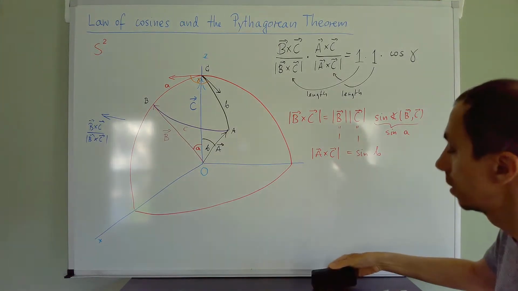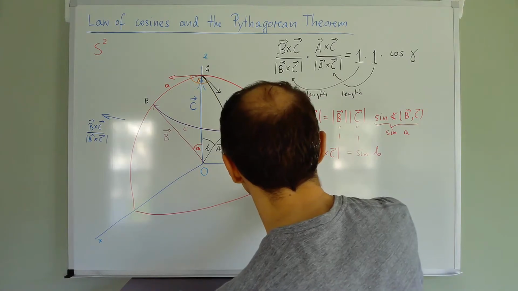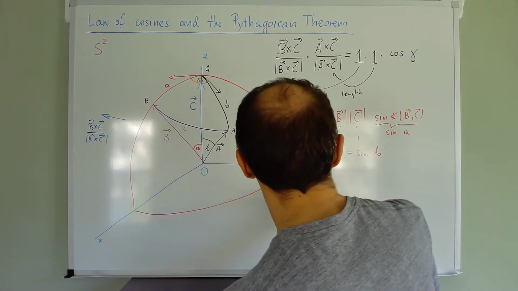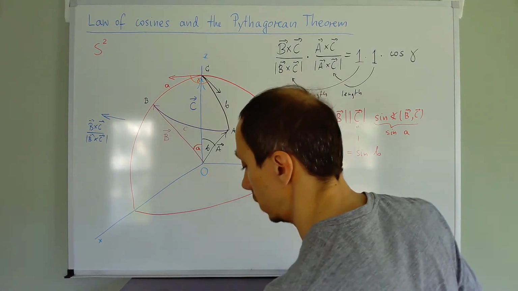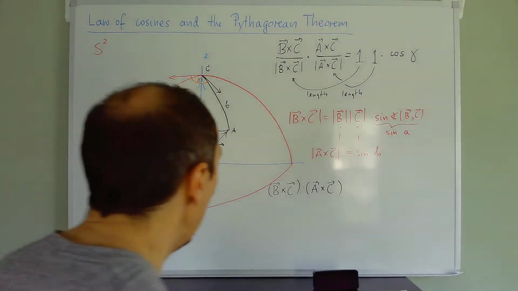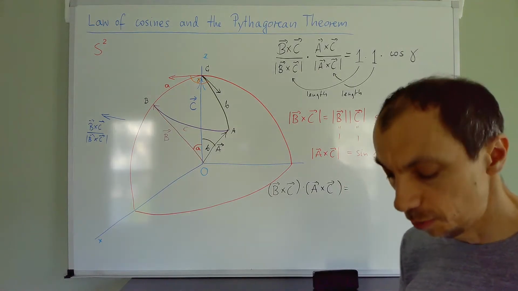So now the numerator. I'm looking at B cross C dotted with A cross C. For this, you may recall we had that somewhat crazy formula that told us how to do a dot product of two cross products.